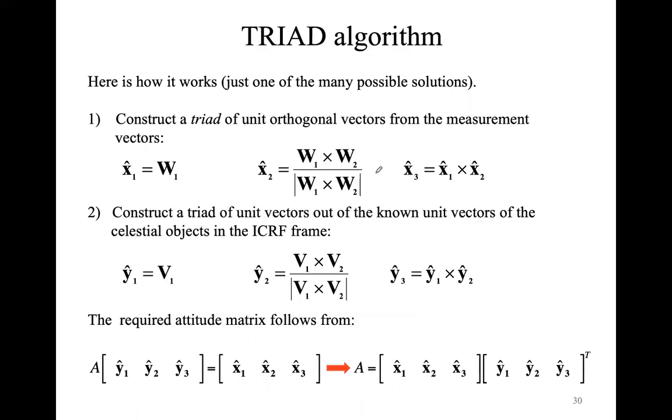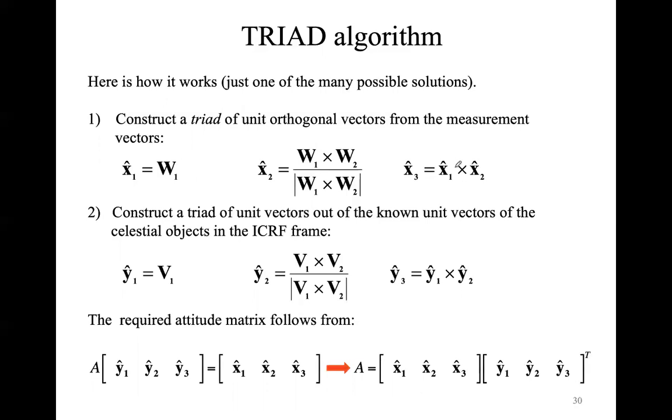So we compute the cross product of W1 and W2, because we need a triad, divided by the norm of the cross product. Okay. And the third direction, so the third axis of this triad, is given by the cross product of X1 and X2.